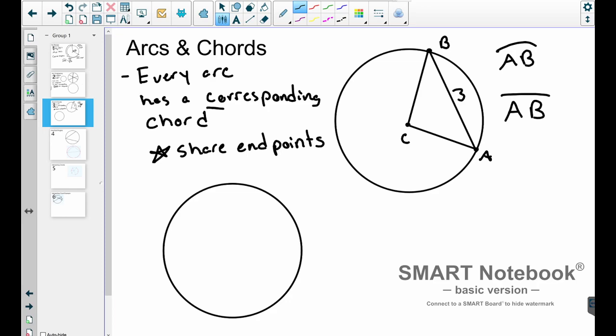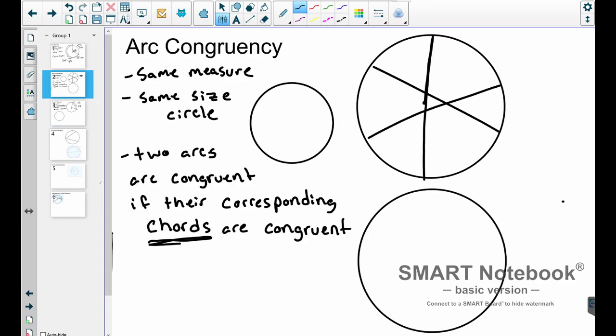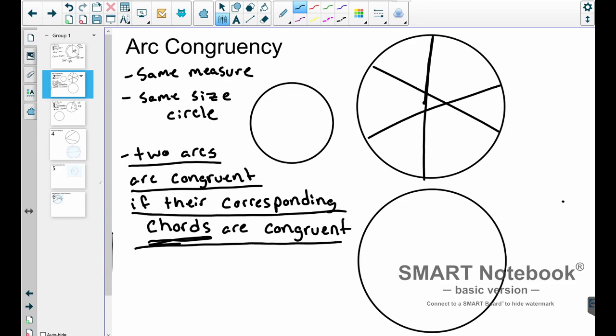The corresponding chord to an arc shares the endpoints of that arc. So in this case, we have the central angle ACB, apologies, and that creates this arc AB. And then we have a chord that runs from A to B, and that is the corresponding chord to the arc. Remember from the last slide, two arcs are congruent if their corresponding chords are also congruent.